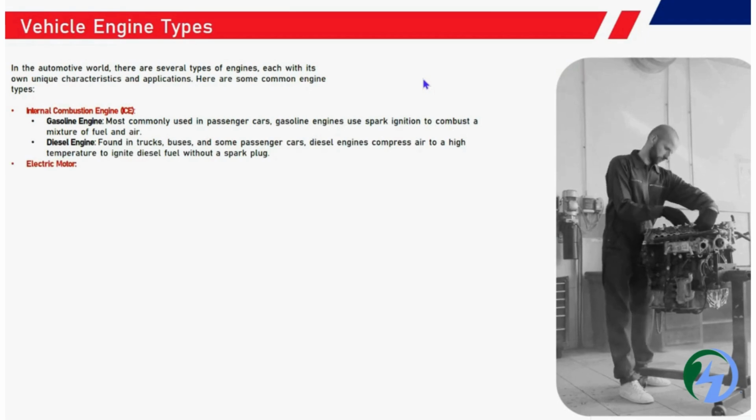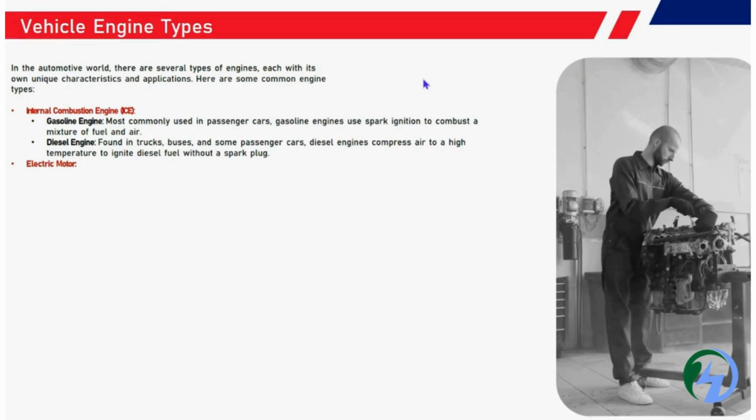Gasoline is mostly commonly used in passenger cars, and the gasoline engine uses a spark ignition as a combustion. It is a mixture of the fuel and air. Diesel injection is found in the trucks and buses and some passenger cars. The diesel engine compresses the air to a higher temperature and ignites the diesel fuel without a spark plug. So these are the major differences between the gasoline and diesel engine.